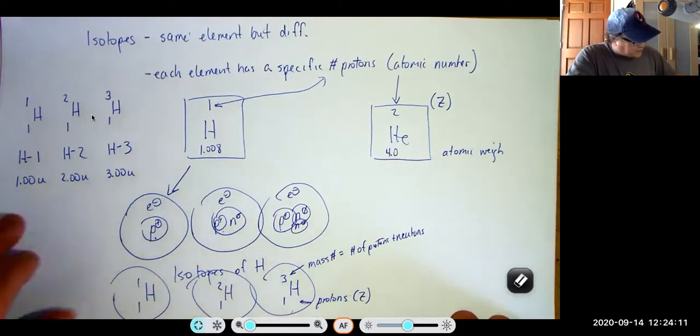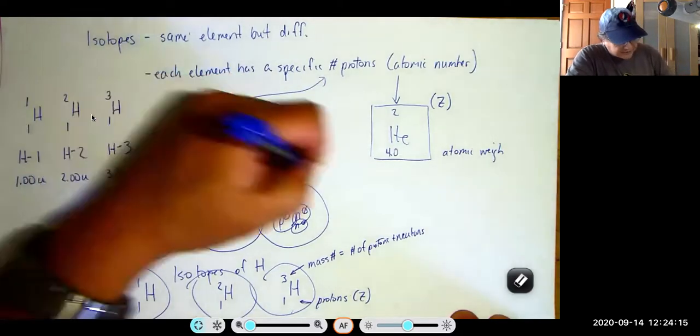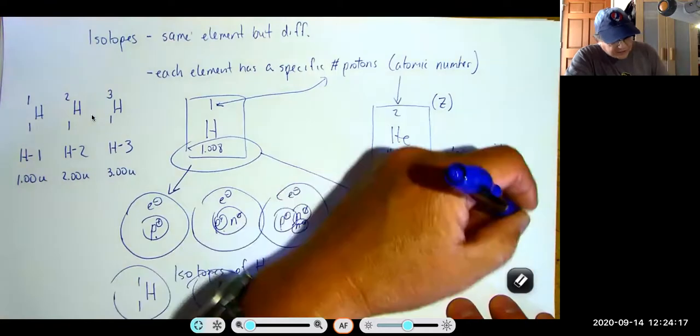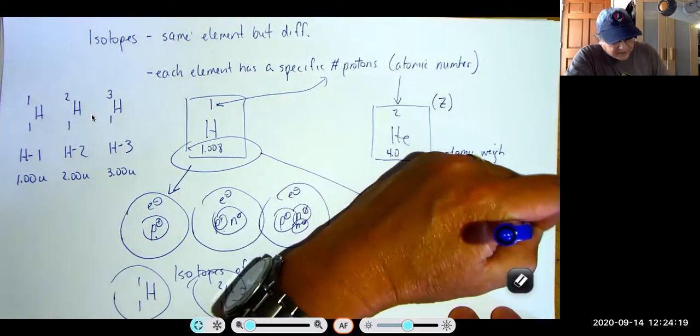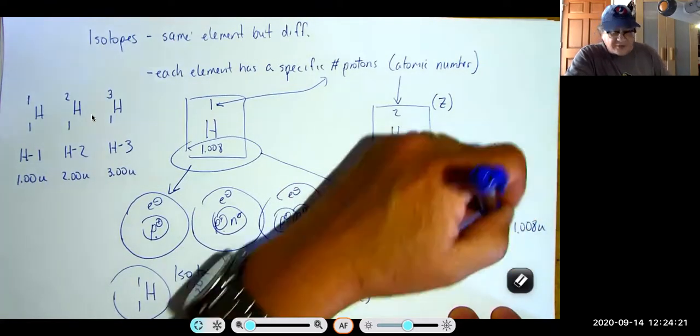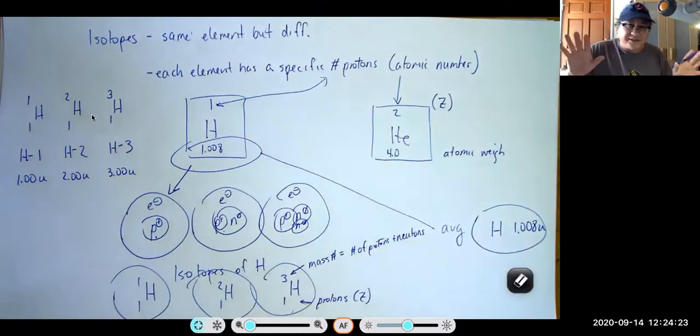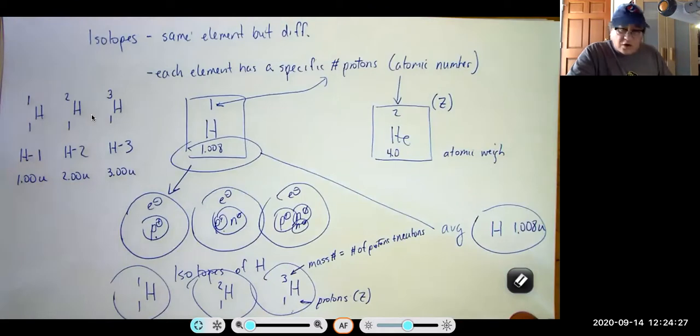So these are your hydrogen atoms, and this is the average. Your average hydrogen atom weighs 1.008 U. Now, your average hydrogen atom does not exist. It's kind of like in the world, the population is about 50% woman and 50% man, roughly 50-50, okay?